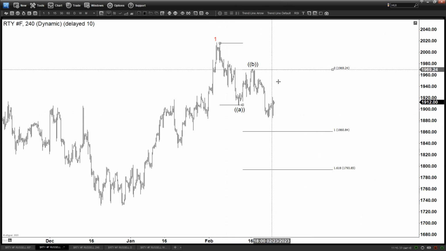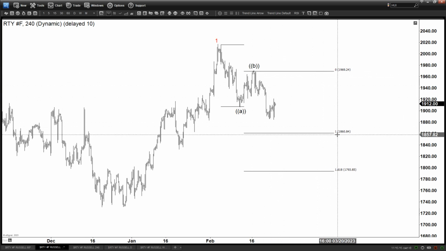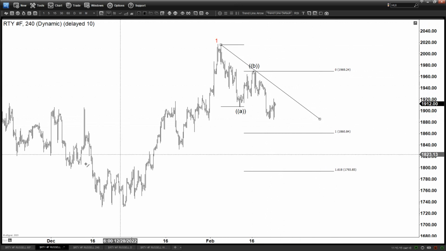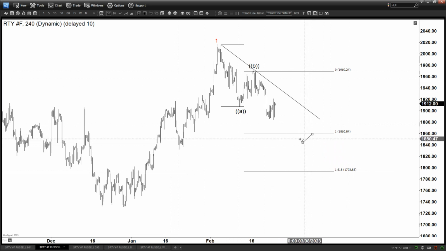So if this is still corrective, then it shouldn't go beyond this 1793 here. And so far, we are still missing the 100%, and this is the bearish channel. We are still staying below the bearish channel.